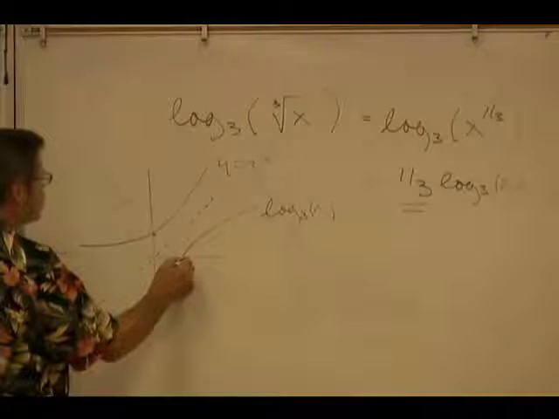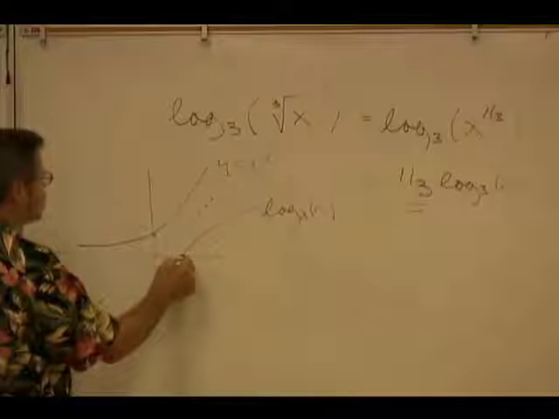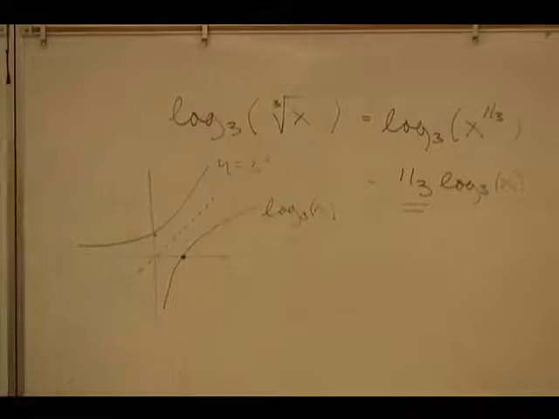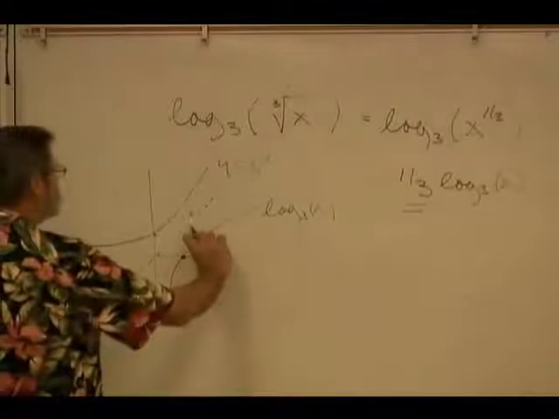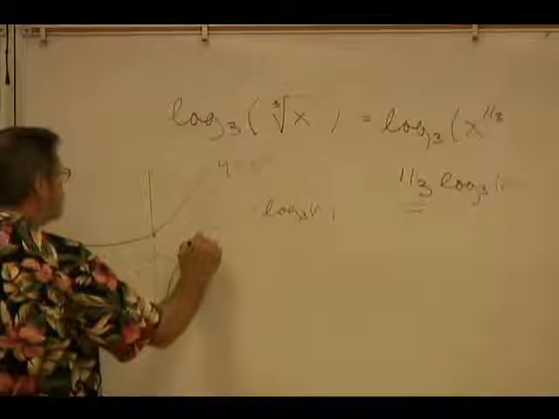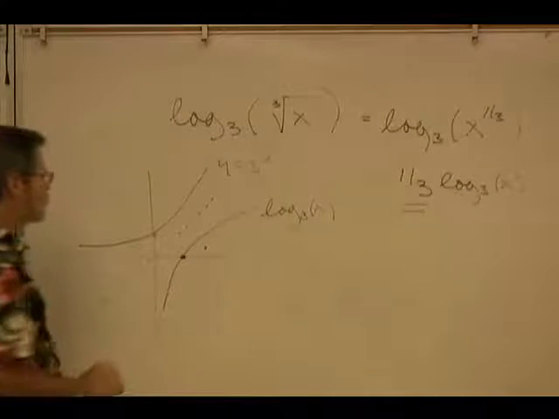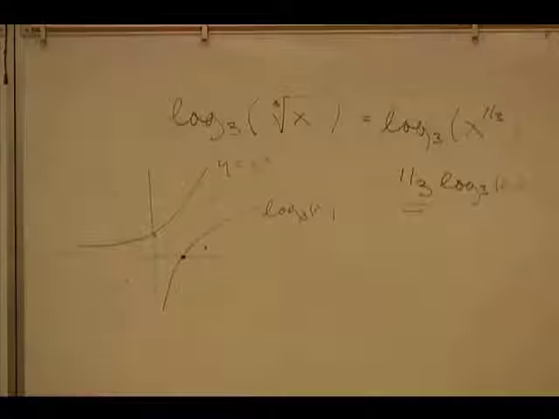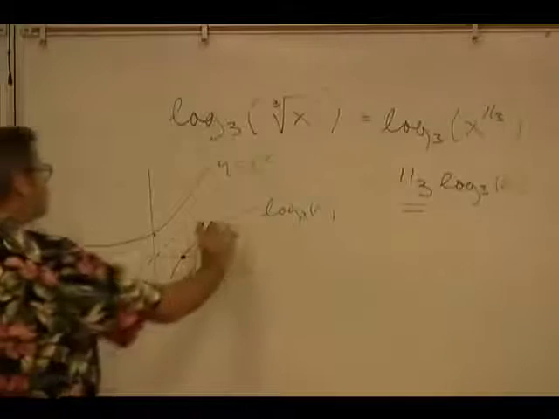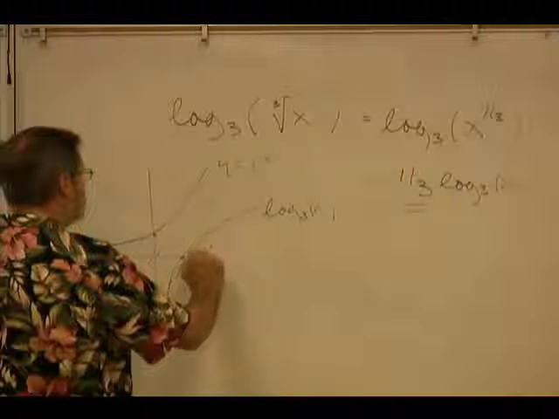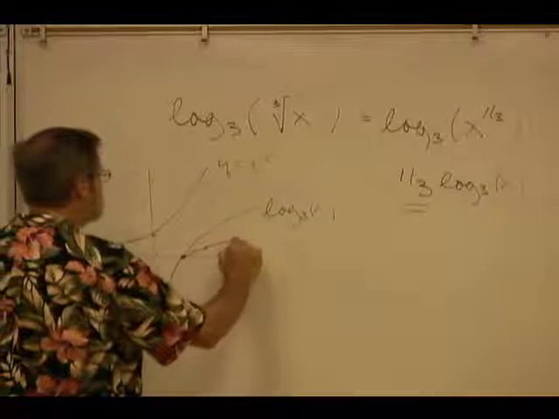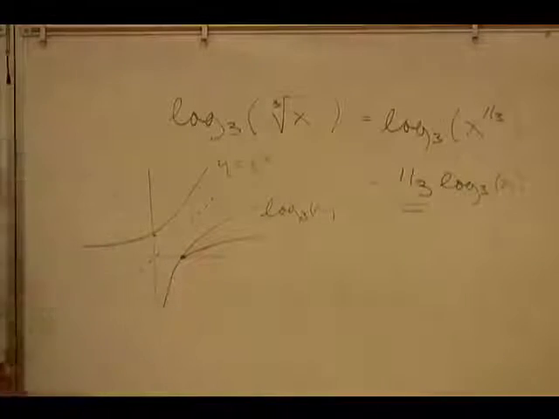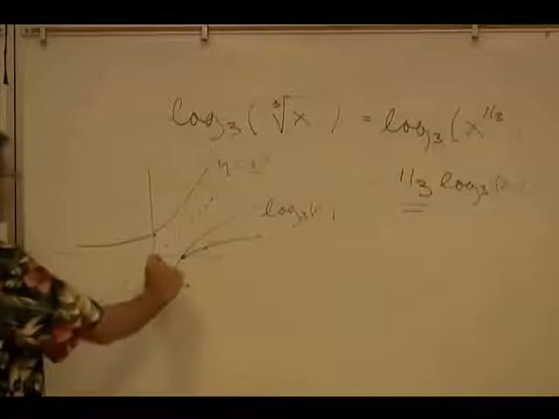So, for example, here, log to the base 3 is 0. 1/3 times 0 is also 0, so that particular point is on the graph. Wherever this is equal to 1, it's multiplied by a factor of 1/3, so it's only 1/3 as high. On this side, the same property is true.